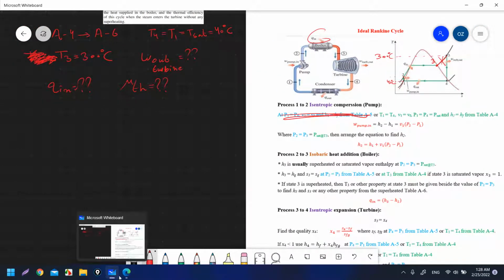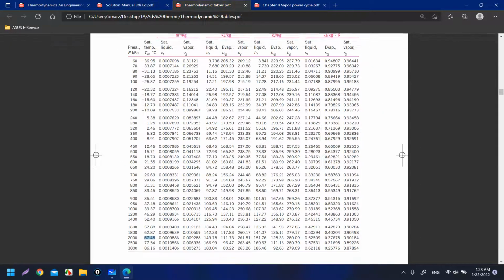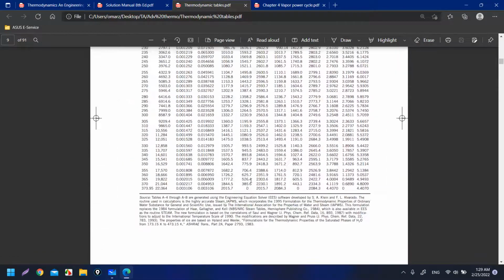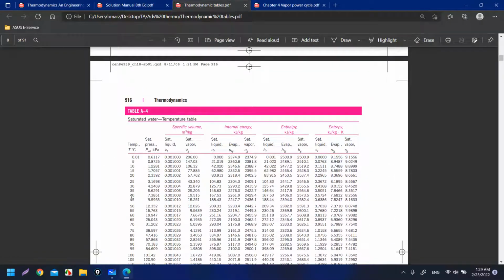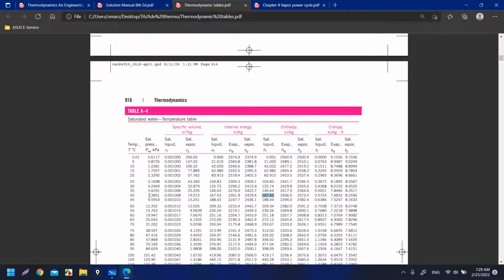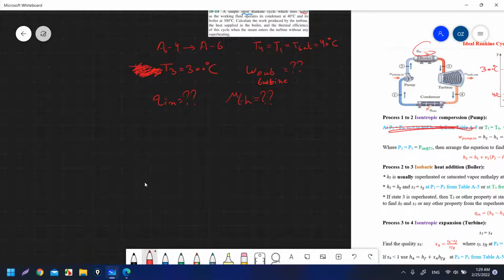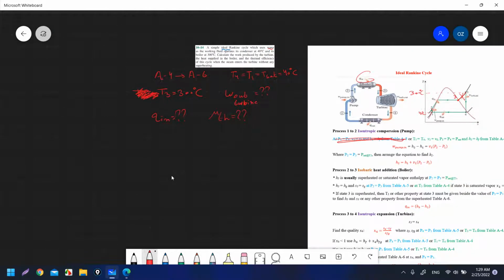So let's go to table A4, at 40 degrees Celsius, and find vf and also hf, and P sat is equal to P1 equal to P4 at this temperature T4. Now the TS diagram is like this.